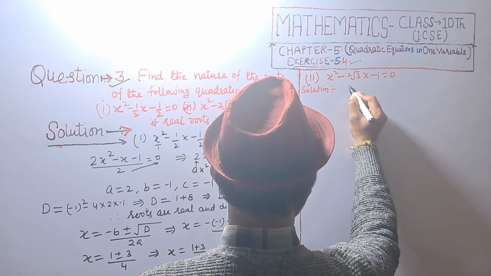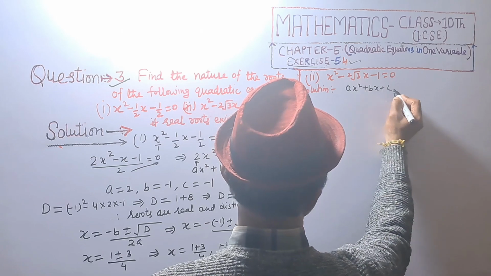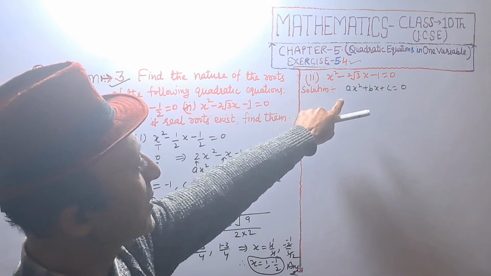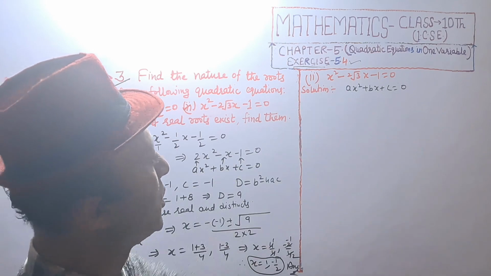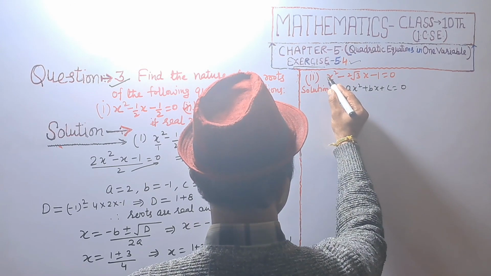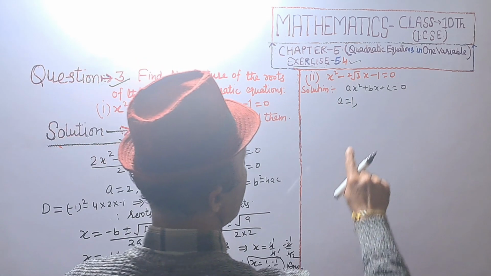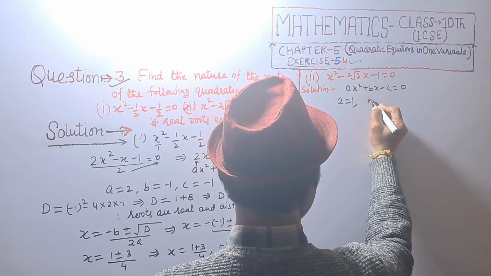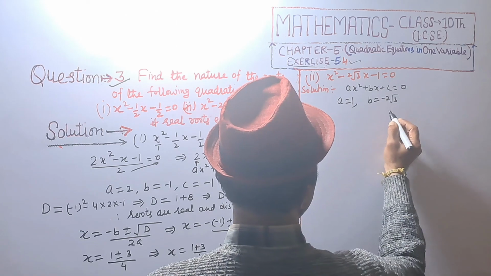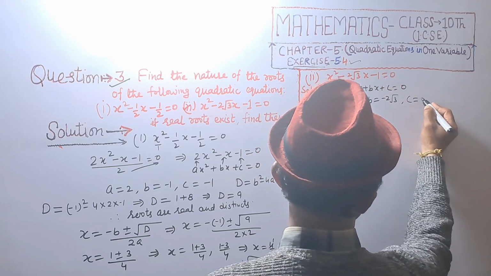Comparing it with ax^2 + bx + c = 0, we get a is equal to the corresponding coefficient of x^2, that is 1, and the coefficient of x is called b, that is -2 root 3, and the coefficient c, that is the constant, -1.